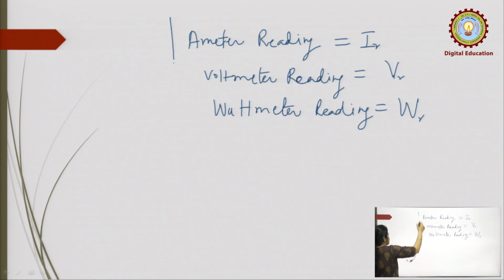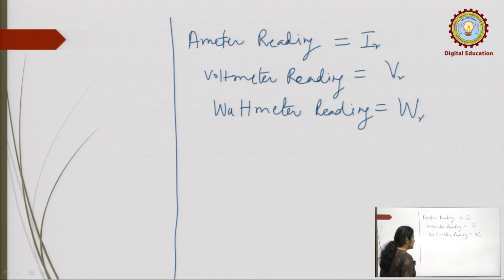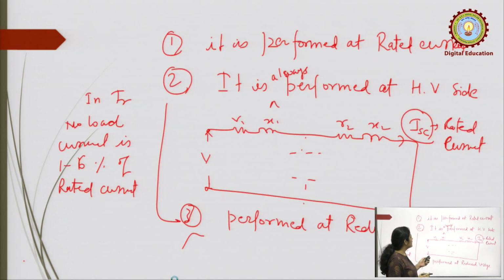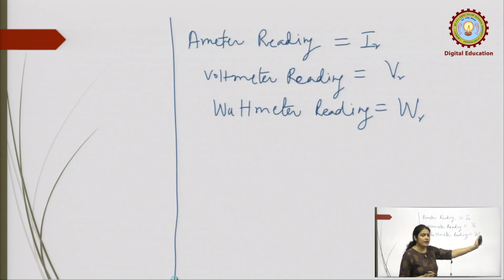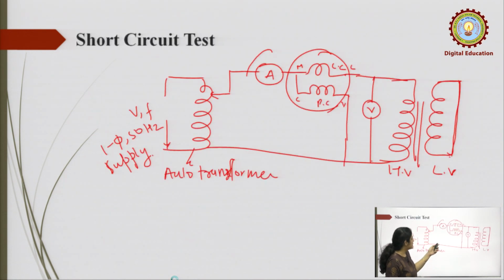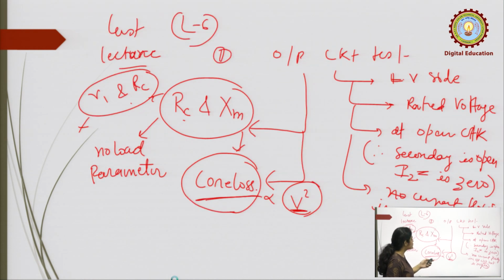In this case, the wattmeter gives you the power which is consumed in the short circuit test. Okay. This is shorted and it is performed at a rated current, and also at a very reduced voltage.